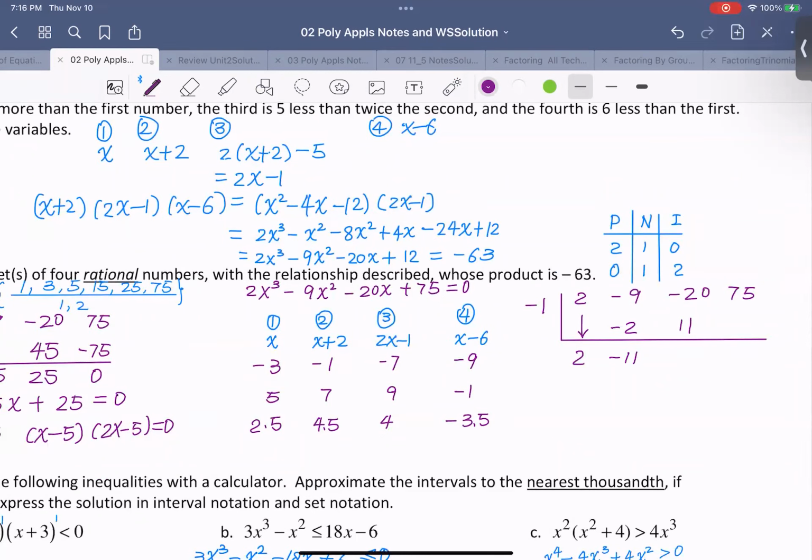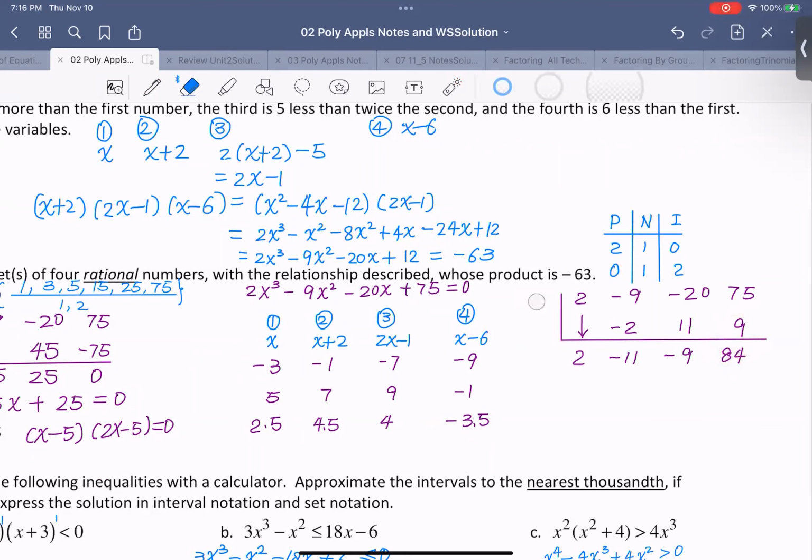Oh wait, yeah, positive. So it's just negative 9. And then 66. Hey, this is going to be 84. Right? Oh, okay. 84. So this is still not 0, right?